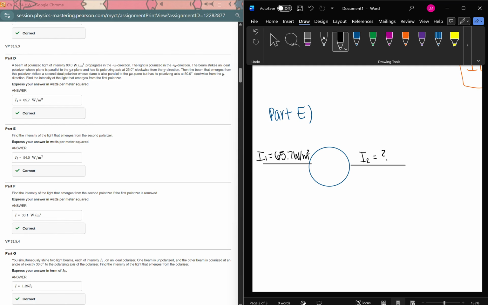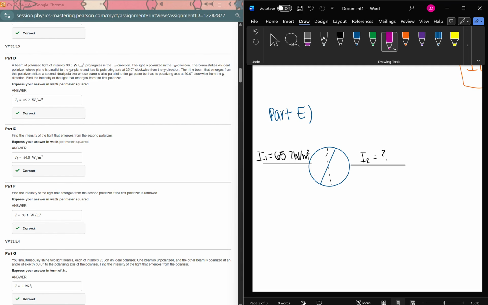So this is our polarizer, the second one. This is our polarizer 1, the same from previously, sorry for the confusion, which was clockwise. And then we know that the polarizing axis is 50 degrees clockwise from the y-axis.